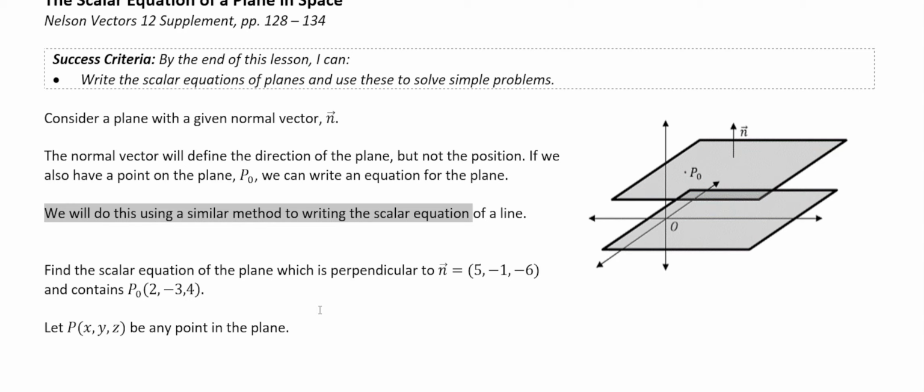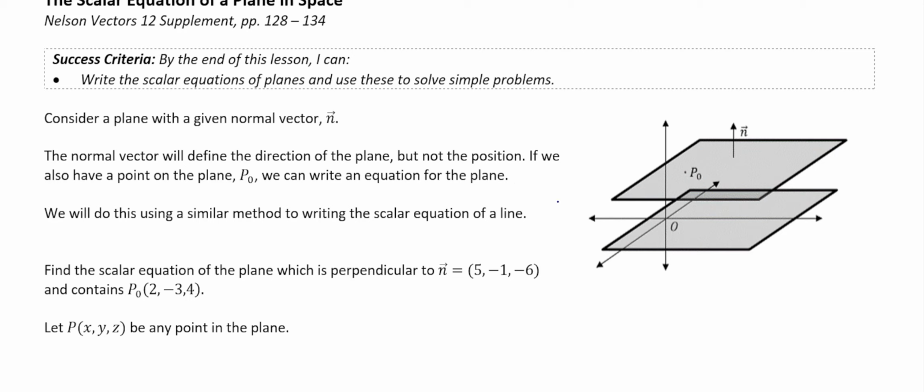Find the scalar equation of a plane, which is perpendicular to this normal, 5, -1, -6, and contains the point 2, -3, and 4. Okay, so what we're going to do here is I'm just going to hand sketch another point. It says right here, let P, X, Y, Z be any point on the plane.